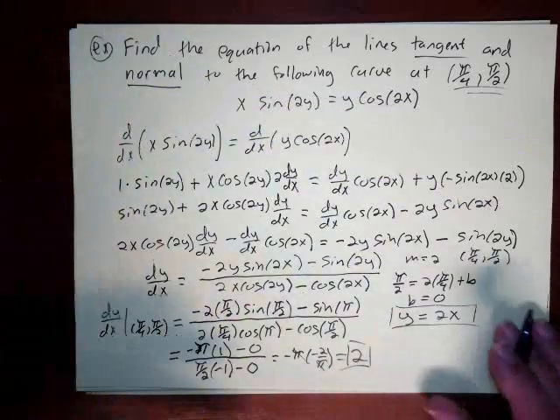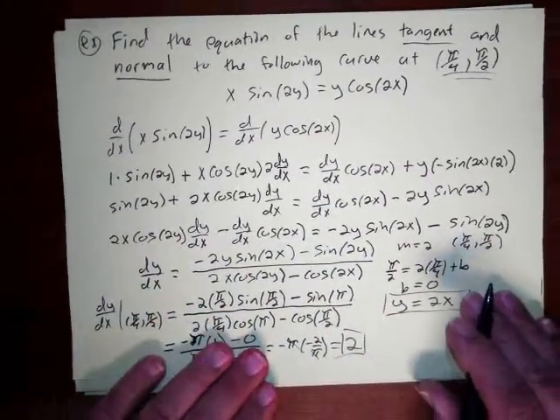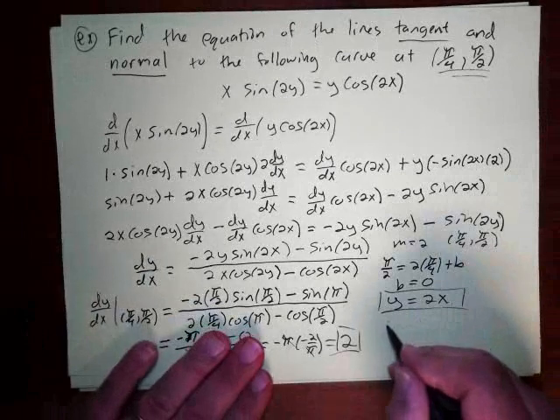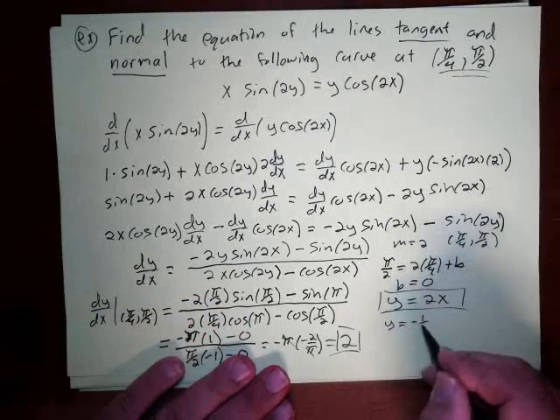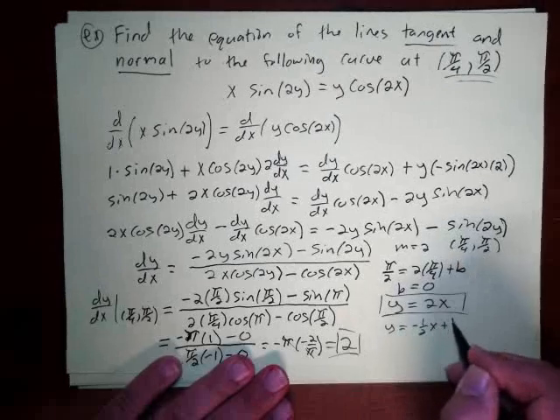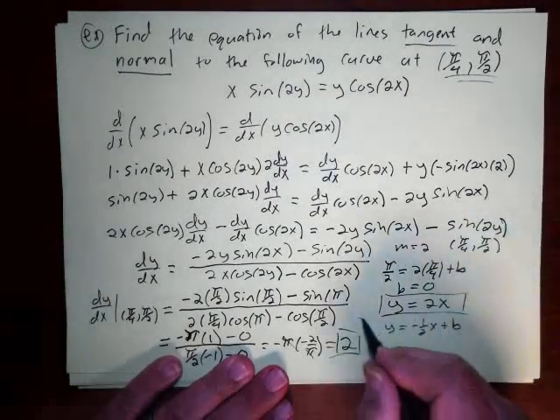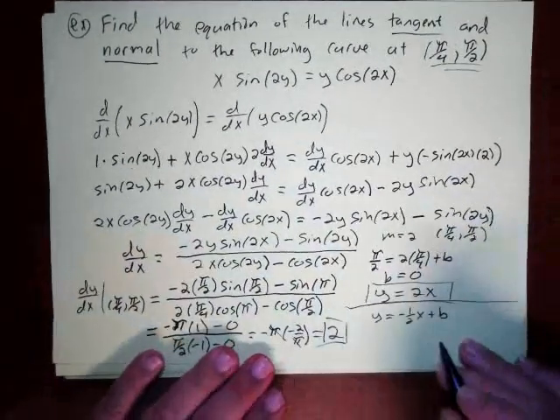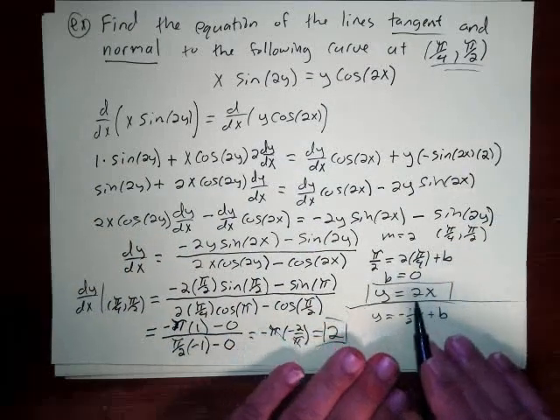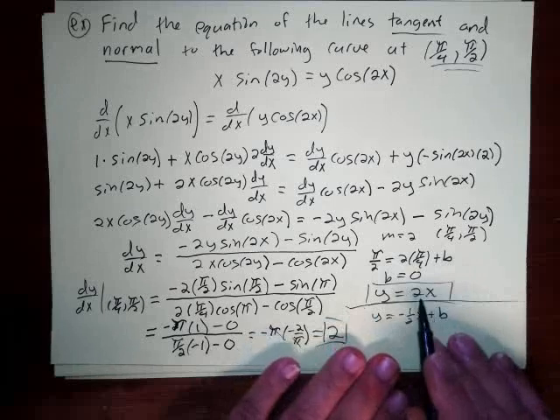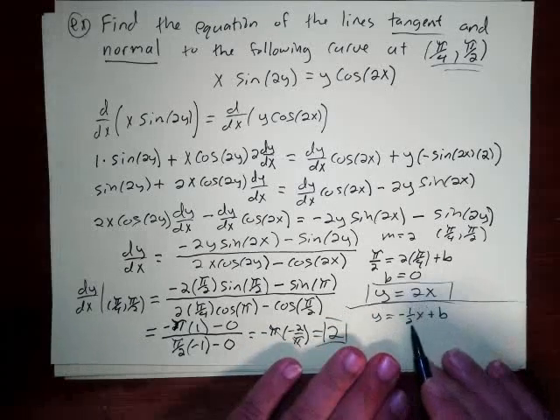And now for the normal line. So now I'm going to use the slope negative 1/2 because of the relationship, so this is the equation of the normal line. For two lines that are perpendicular, if the slope of one line is, let's say, 2, the other one will be negative 1/2.